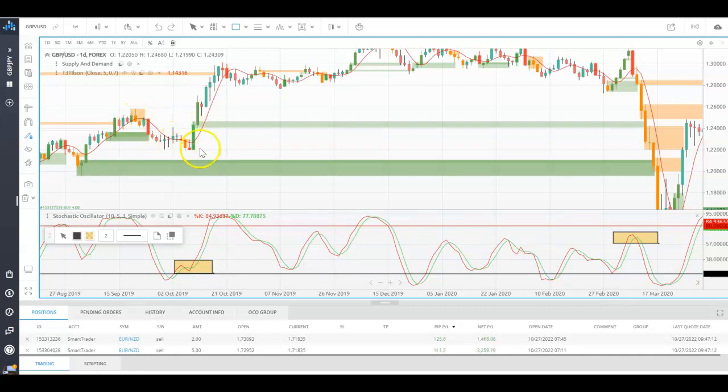So I look to my left to see how far the market has sold off, and that's about 367 pips. Notice that this bullish engulfing candle completely engulfed about 10 of these smaller candles.